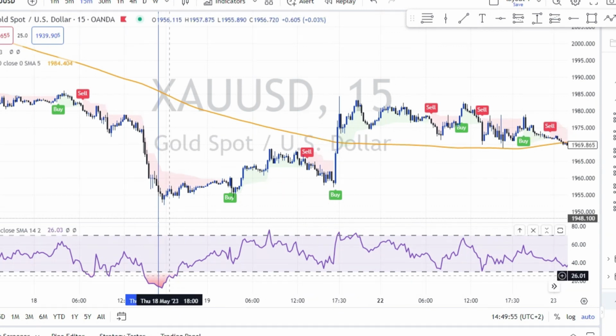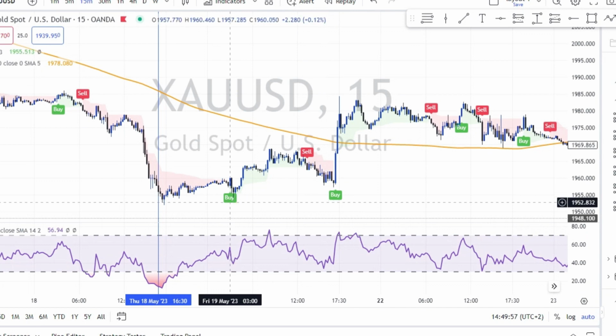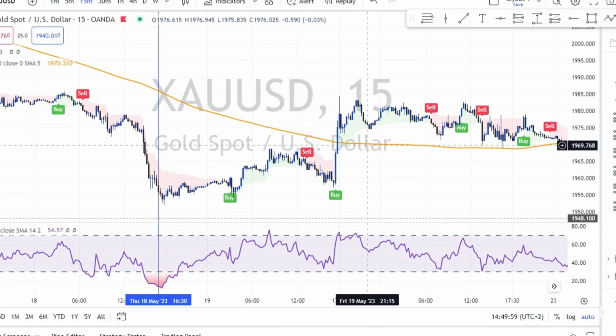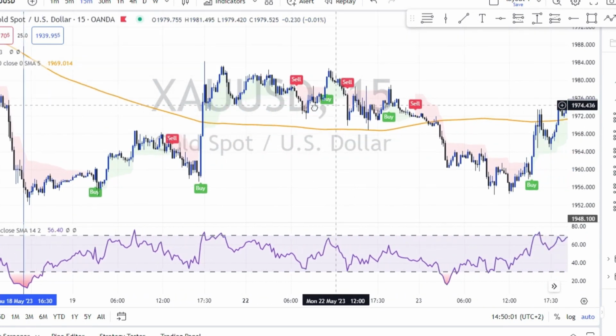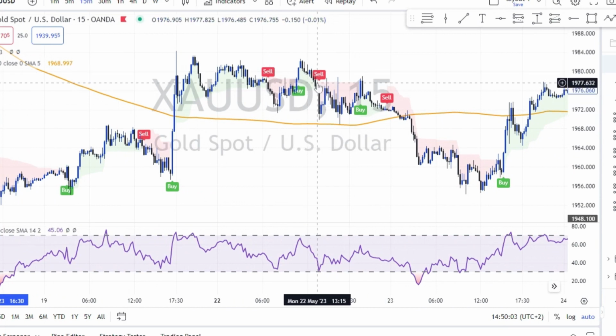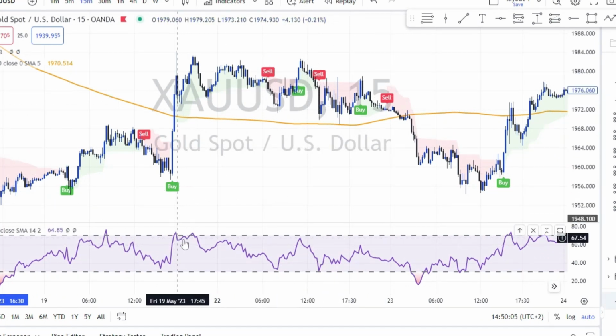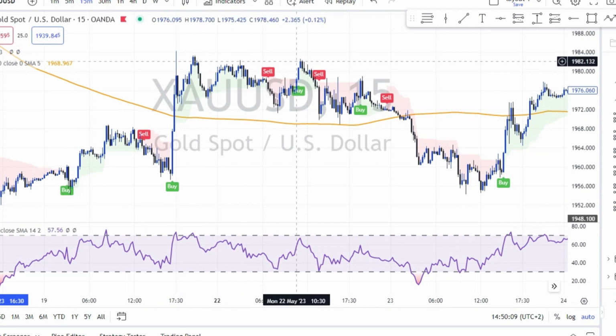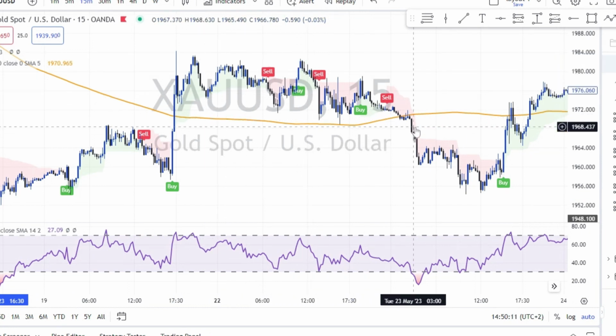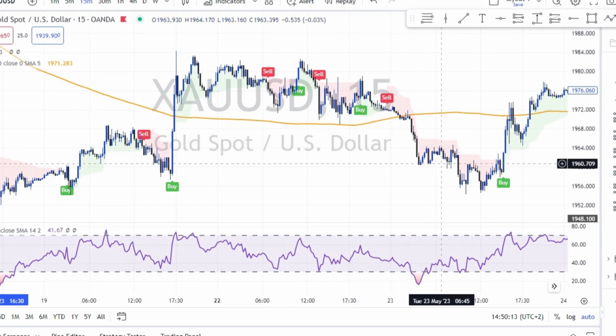So that is why we want to buy when we are below the MA, and we want to sell when we are above the MA. Because if we have an oversold situation here and we are above the MA, it means the momentum is dying. We are beginning to move towards the MA and possibly crossing it.